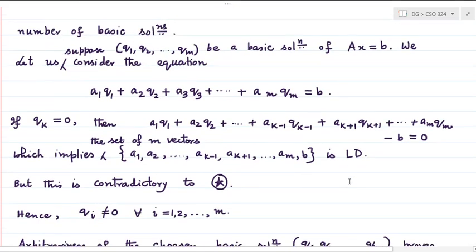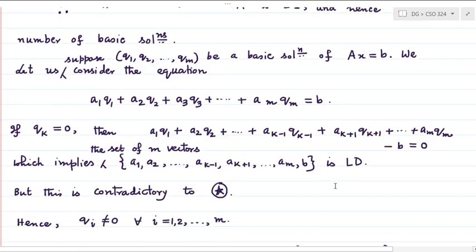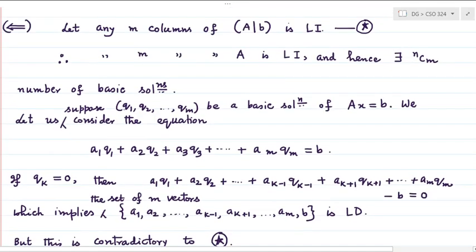Here we must assume the following: you have taken that q1, q2, qm is a basic solution, and hidden in it, obviously, we mean that the rest of the components are zero, and the column vectors associated to q1, q2, qm are a1, a2, am.